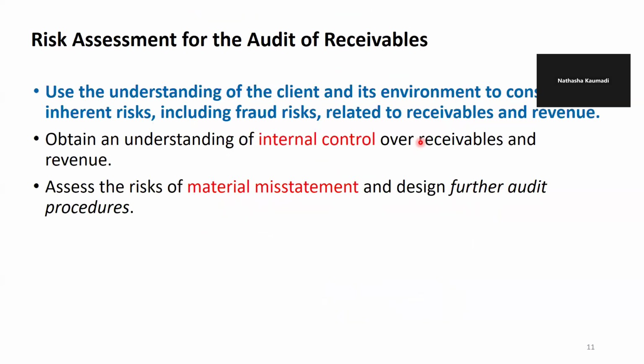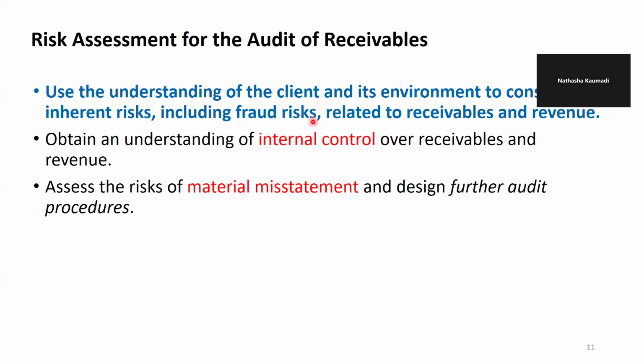And then we discussed how you assess the risk of receivables. And we discussed actually one by one. This is basically application of the theoretical aspects we discussed during previous lectures. So understanding the client, understanding its environment, and identifying what the inherent risks are and whether there are any risks of fraud happening related to receivables and revenue.